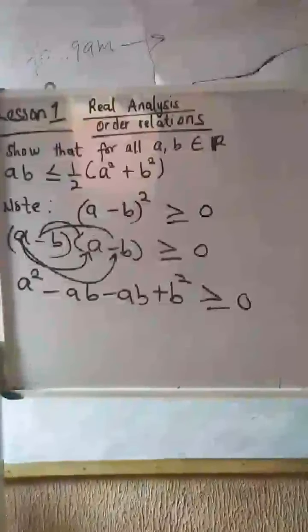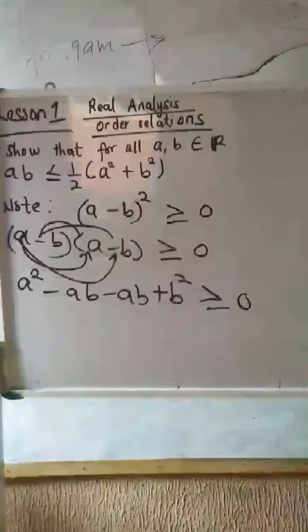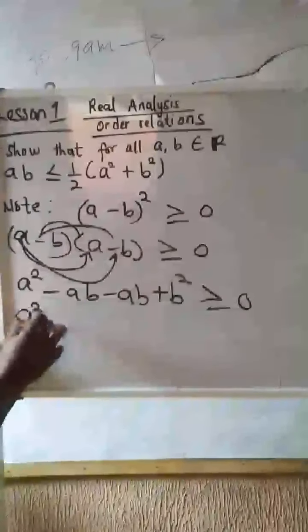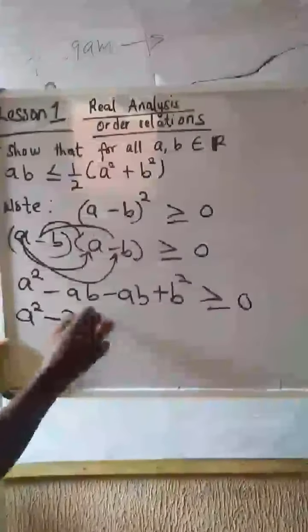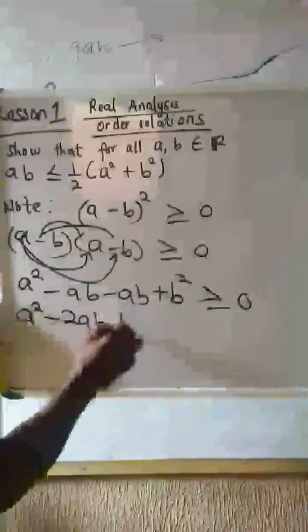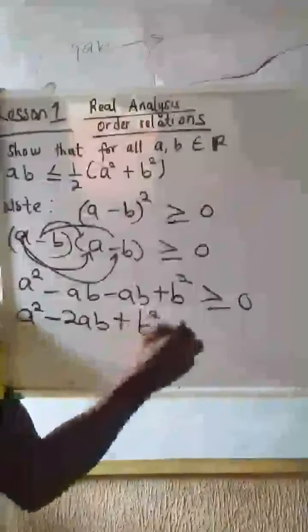Now from here we're going to think of what to do. We're going to collect like terms and solve. We have a squared minus ab minus ab, which is minus 2ab, plus b squared, greater than or equal to 0.